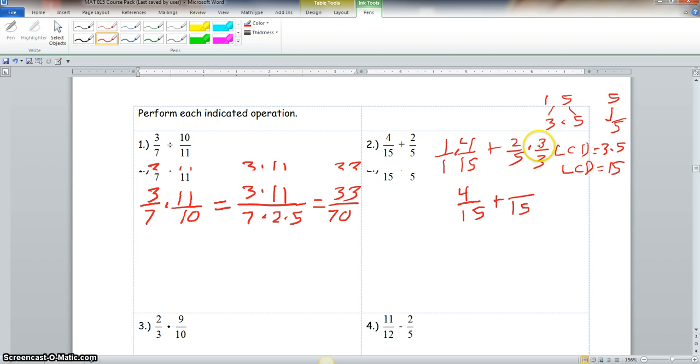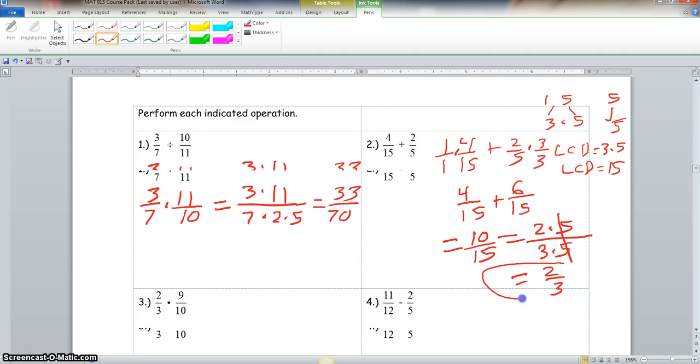We multiply our numerator and denominator by 3. 2 times 3 is 6, and 5 times 3 is 15. So now we add them together. 4 plus 6 is 10 over 15. Now, we could take the prime factorization of 10, which is 2 and 5. And the prime factorization of 15 is 3 and 5. These 5's simplify out, and you're left with 2/3. And that is your final answer.